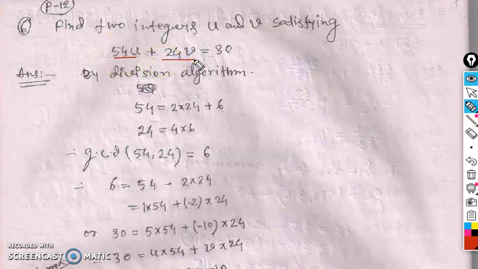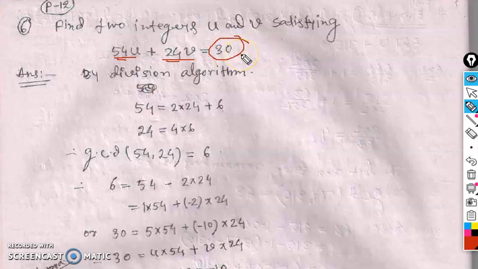30 equals 54u plus 24v. In the previous example we mentioned that the GCD of the two numbers was 1, but here the GCD of 54 and 24 should not be 1, and 30 should be divisible by it. So first we have to calculate the GCD of these two numbers.